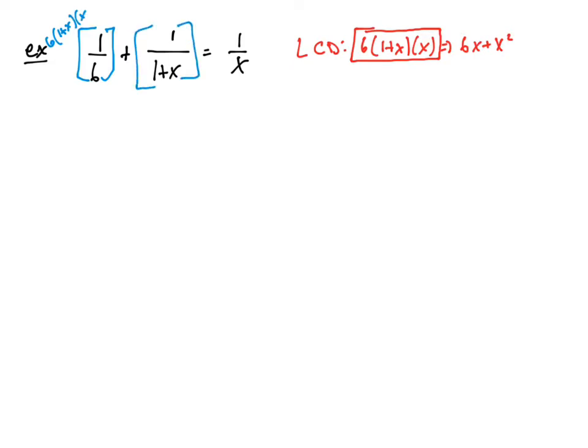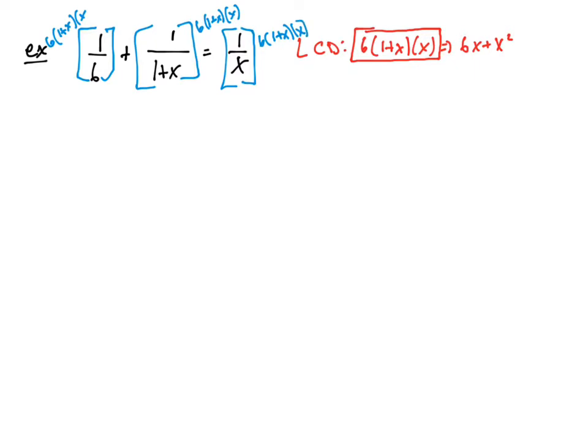You don't necessarily need to write it out for each term like I am, but you do need to multiply each of these by the least common denominator. So 6, 1 plus x, and running out of room.